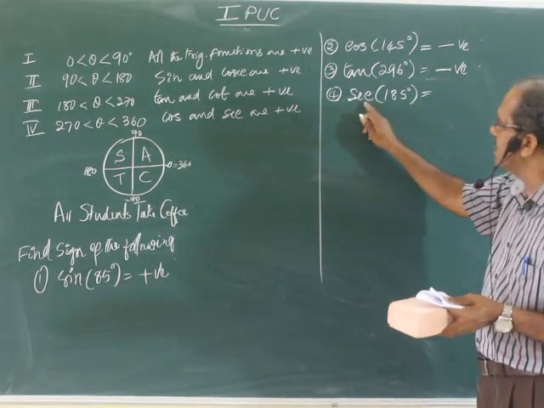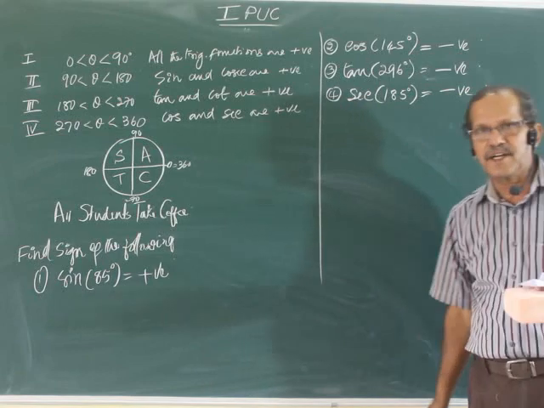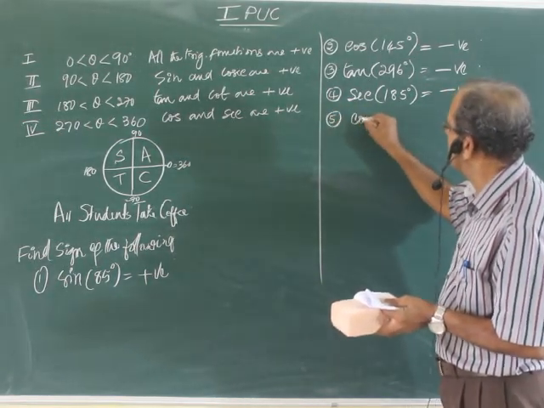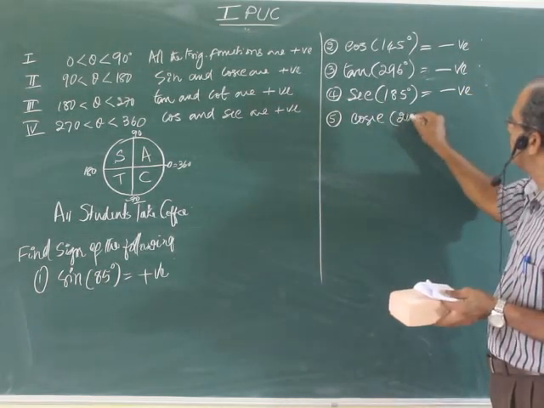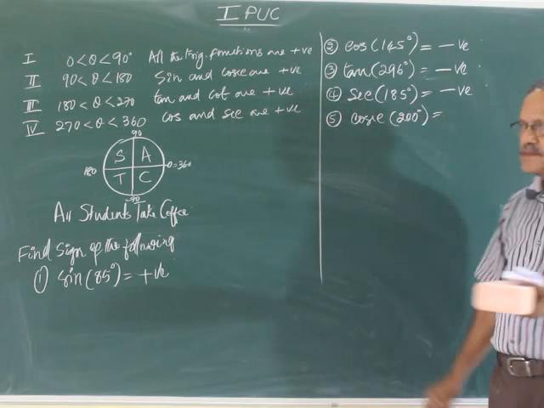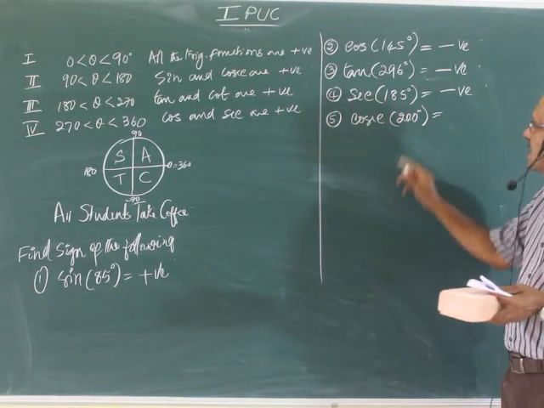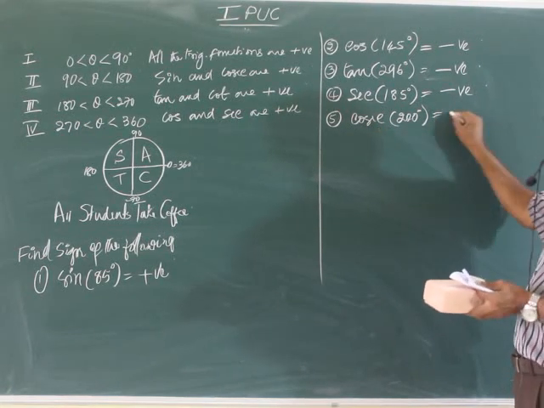In the third quadrant tan and cot are positive, so no doubt secant is negative. And the last one, cosecant of 200 degree. Again greater than 180, less than 270, third quadrant, so cosecant is negative.